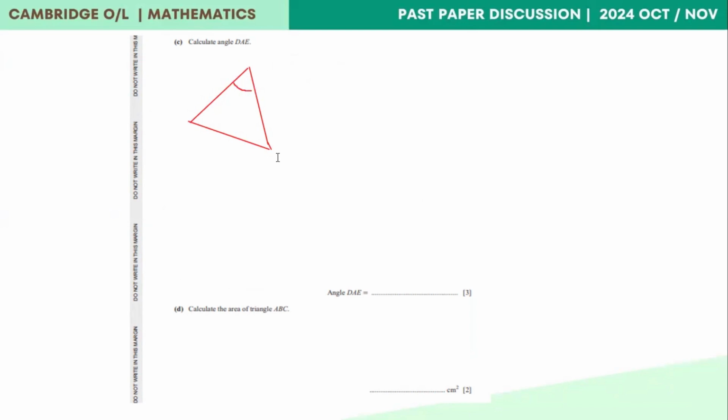This is D, this is E, and this is A. This was 3.6, this was 5.2, and this was our 5.6.